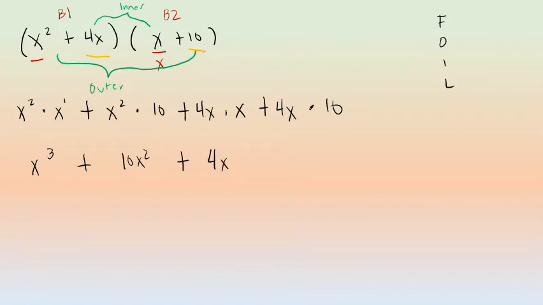So copy the base, then add the exponents, 4x squared, plus 4x times 10, that is 40x. So meron ba tayong pwedeng i-simplify? Yes. So x cubed plus, this is 14x squared plus 40x. This is now, class, your final answer.